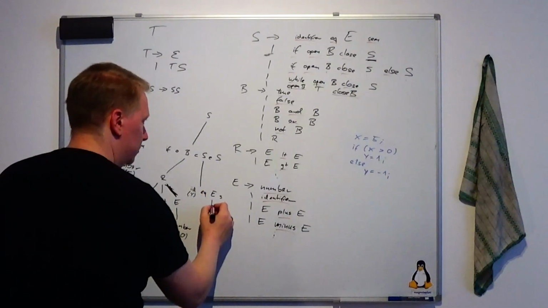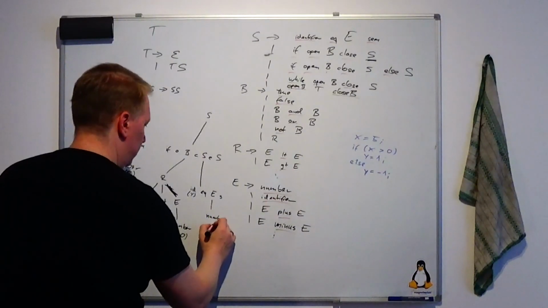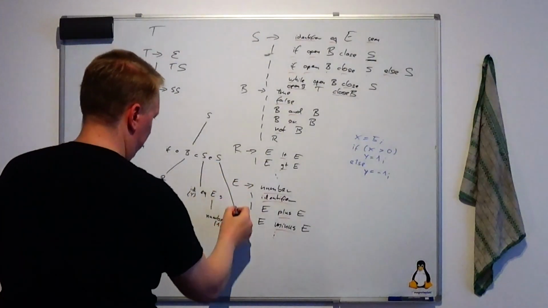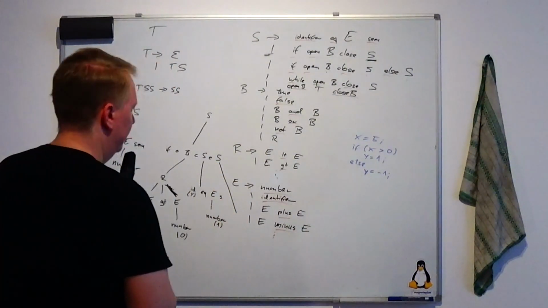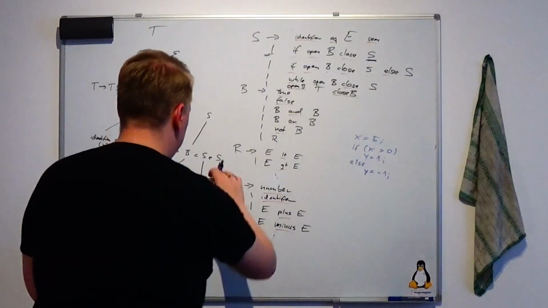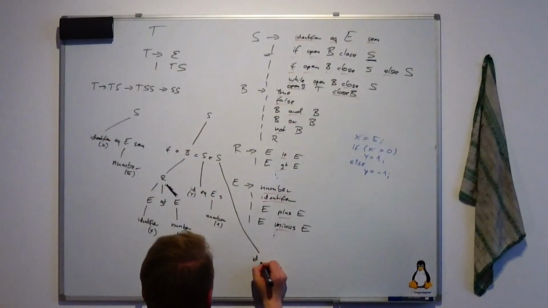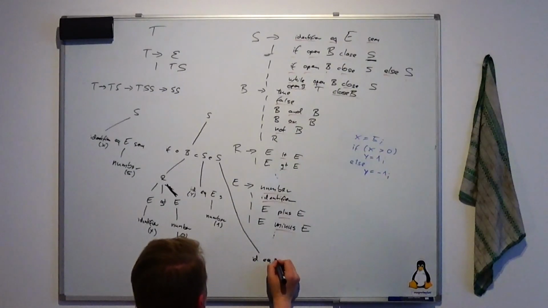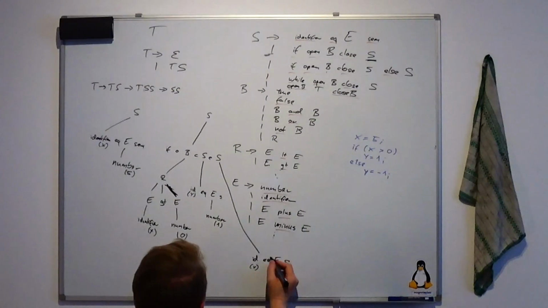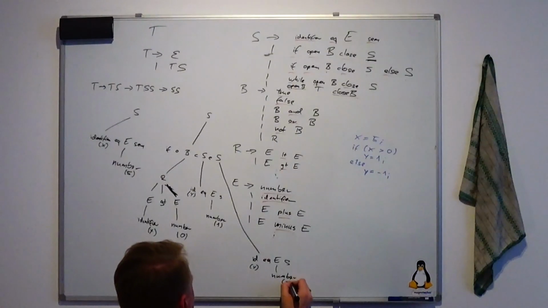This expression goes to number 1, and the space gets a bit tight here. So the same thing over here. This S goes to identifier equals expression, semicolon, identifier y. Expression goes to number -1.